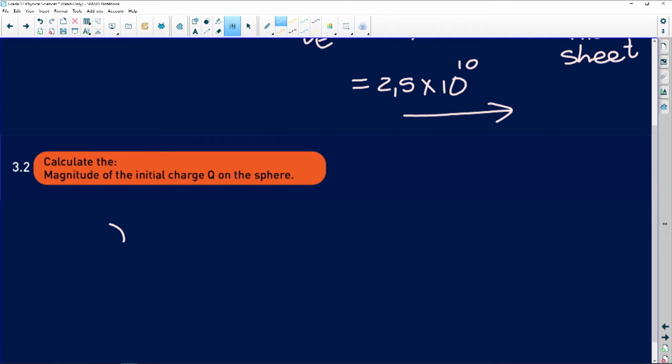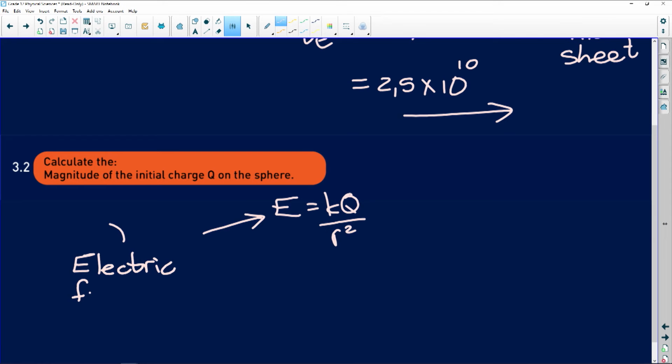So originally, always start by writing out the equation. So E is equal to KQ over R squared. Now this equation talks to electric field intensity. So they gave me E in the question, and they told me E originally was 3E, etc. And so that is my electric field strength, or you could call it your electric field intensity.